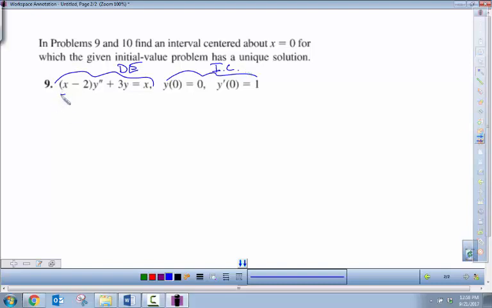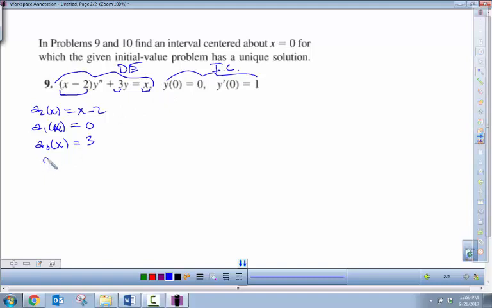So if I take a look at my functions, this would be like a sub 2. A sub 1 doesn't look like it exists because that would be multiplied with a y prime, and y prime is not there, so a sub 1 must equal 0. A sub 0 looks like it's equal to a constant.